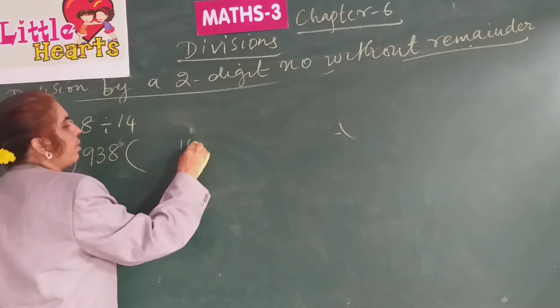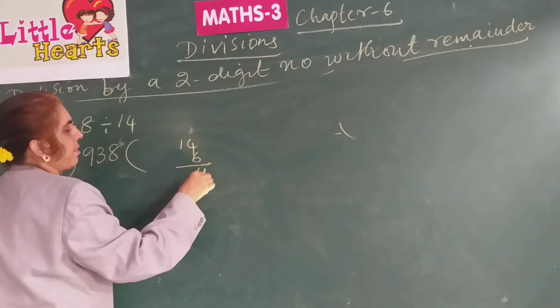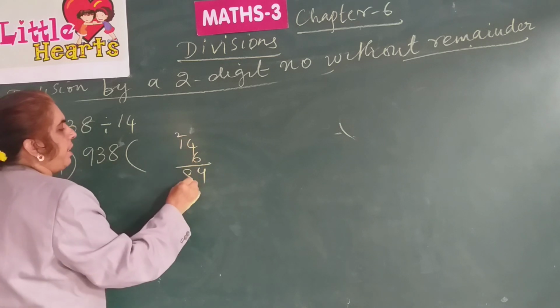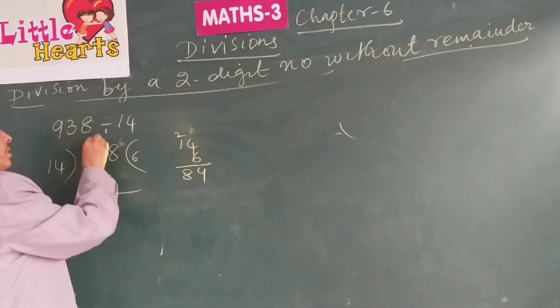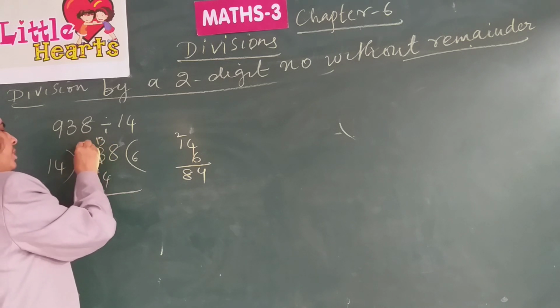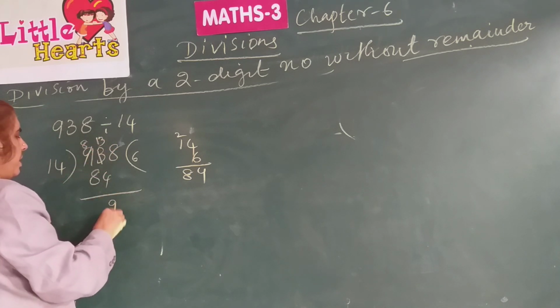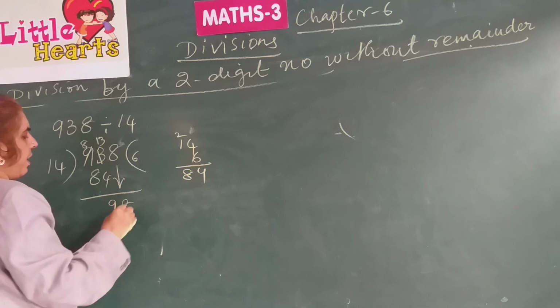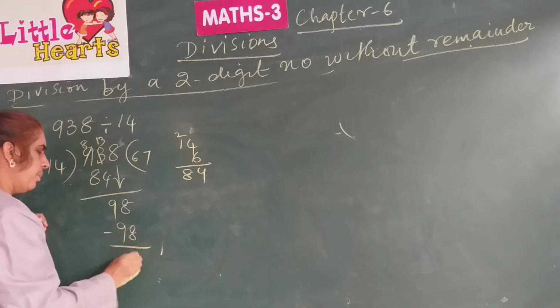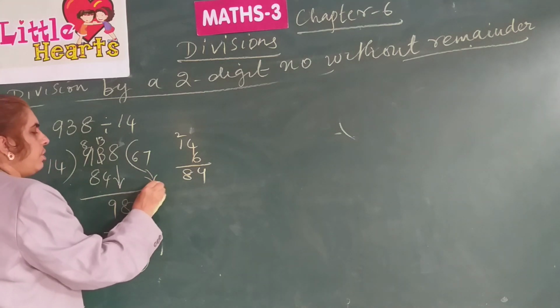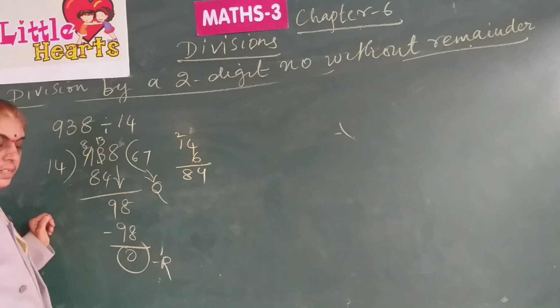So we have to go with 14 sixes are 84. Bring down 8. 14 sevens are 98. So this is the quotient and this is the remainder.